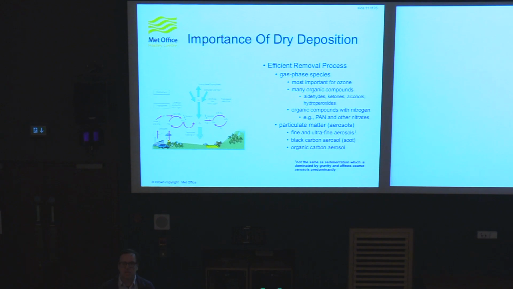The more soluble a species is, and that usually means, in terms of chemistry, the more oxidized the species is. So in terms of oxidation, you go from an aldehyde, like formaldehyde, to an alcohol, like methanol or ethanol, and then you go to an acid, formic acid or acetic acid, which is vinegar.